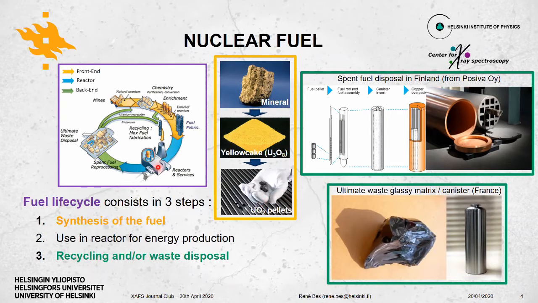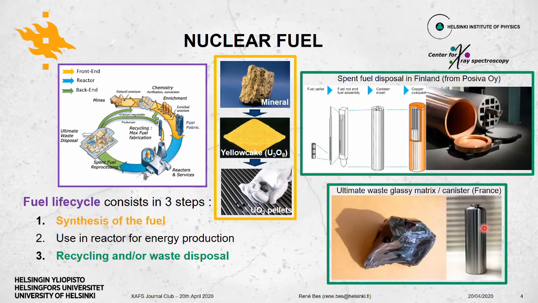After use, you have spent nuclear fuel, but you can recycle it or directly put it in waste disposal. In Finland, for instance, the main idea is to directly dispose of the fuel rods in canisters of copper and iron, like you have in the picture here, for long-term disposal, so hundreds of thousands of years.